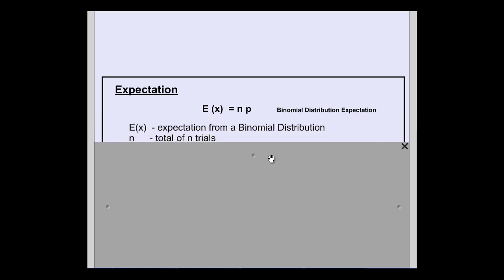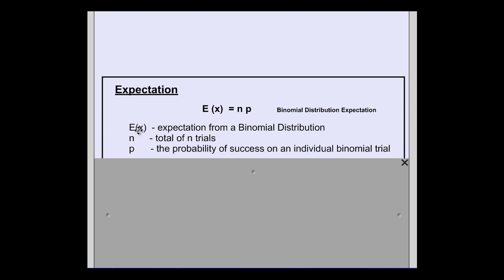The expectation, okay, is actually just the number of trials, so we had 10, times the probability of success of that trial. So it summarizes as follows. The expectation for a binomial distribution depends on the total number of trials, which we call n, and the probability of success of an individual binomial trial.